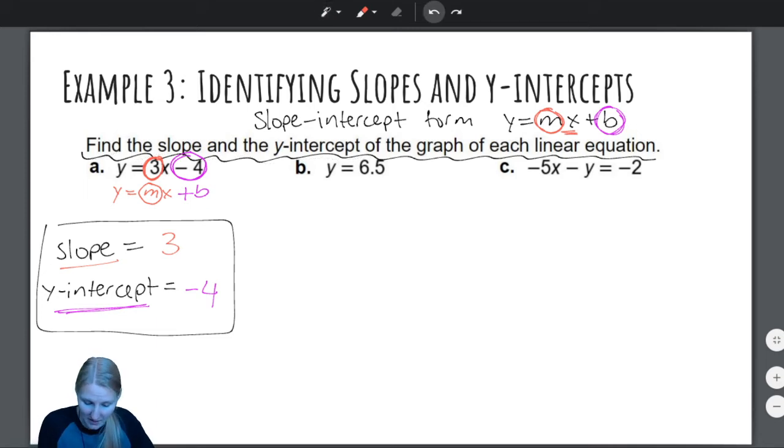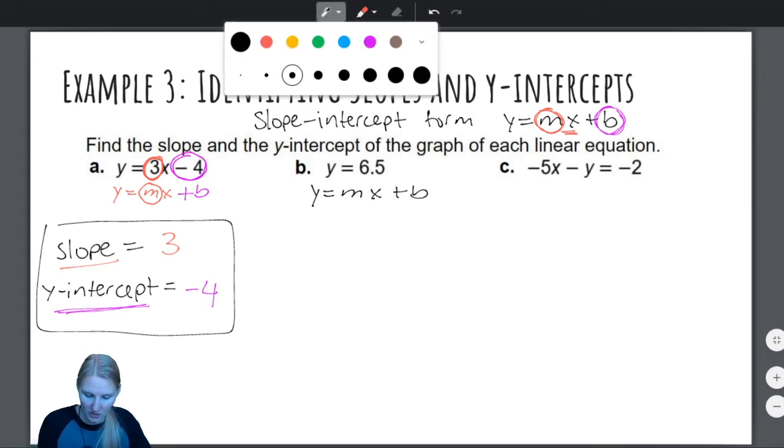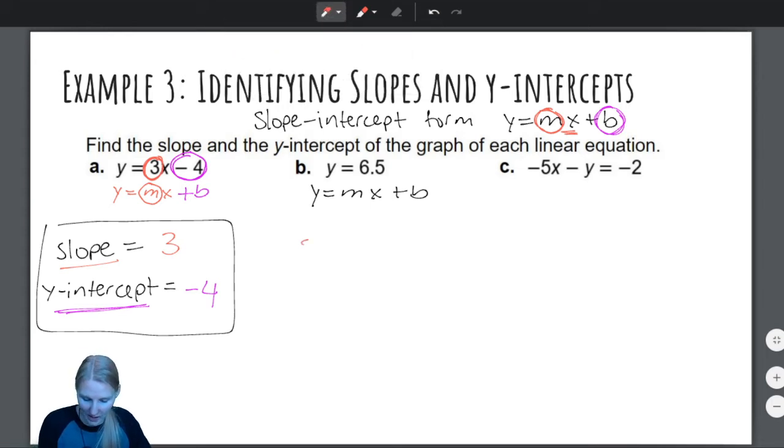Okay, next, let's look at part B. We want y equals mx plus b. And we see, so let's look at the slope first. Slope is m. But wait a minute. This doesn't have an x in it. It's just y equals 6.5.